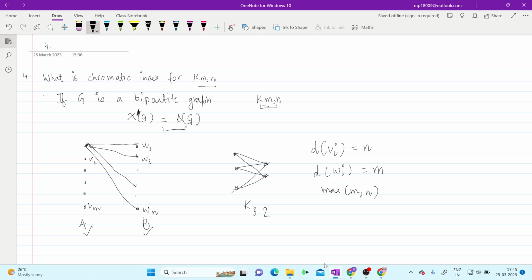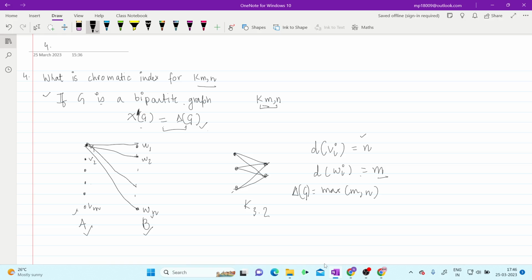So from the theorem we know that if G is a bipartite graph, the chromatic index should come out equal to the maximum degree. Now in a complete bipartite graph, we have two types of vertices, set A and set B. All the vertices in A have degree n, and all the vertices in B have degree m. So the maximum degree of the graph is the maximum of m and n.